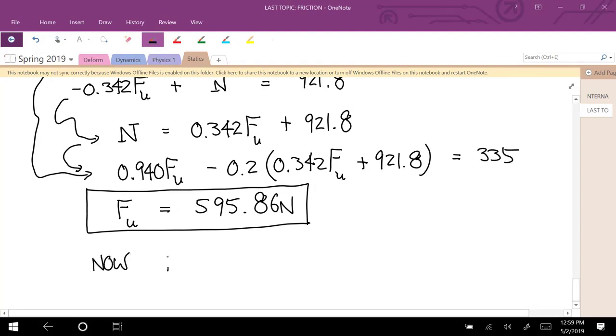So now we're going to calculate FD required to get it moving down the ramp.